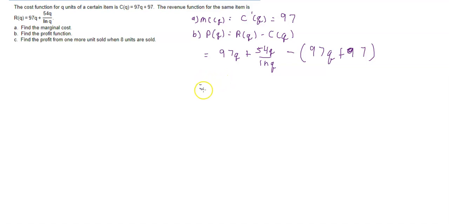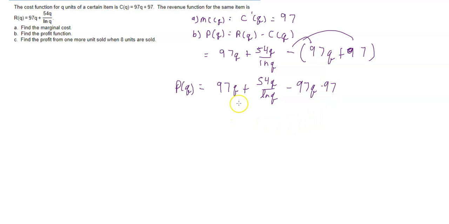Now, what I want to do then is to distribute this negative. So 97Q plus the quantity 54Q divided by natural log of Q minus 97Q minus 97.